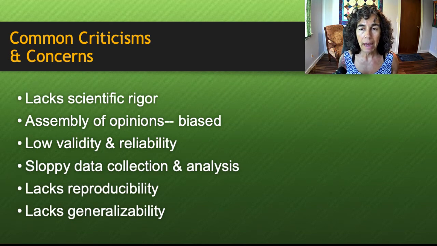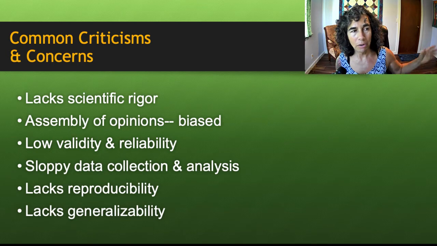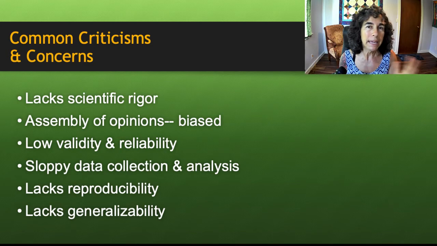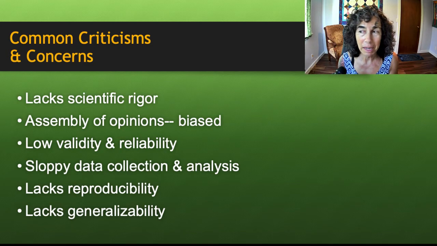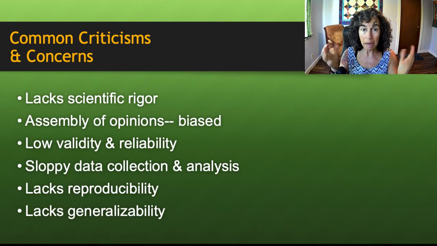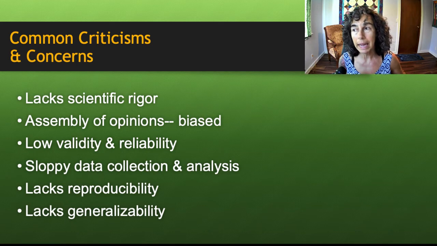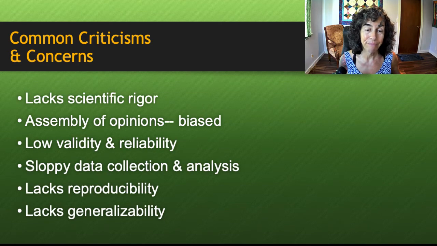If I do it and then qualitative researcher C does it, we can't reproduce the same study because it's small and we're bringing ourselves into it, and we're bringing individuals rather than samples that represent a population. Also, of course, it lacks generalizability. I can't say that my 16 participants who I interviewed for 4 hours represent the population of people with any particular quality. Those are the concerns and criticisms.